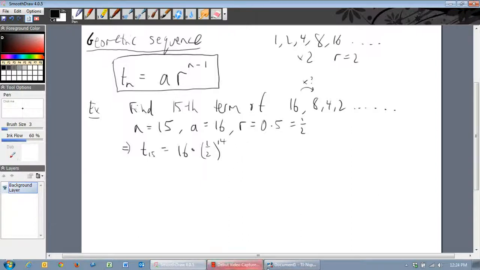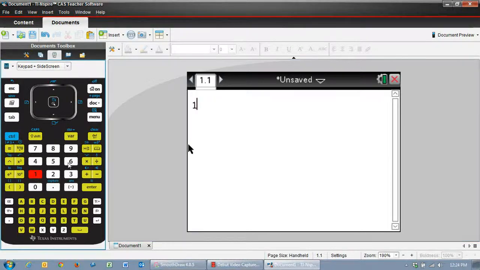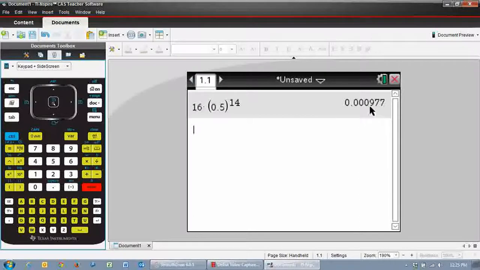Now, I'll just show you something on the calculator. If you type in 16 times, and I'll put in a bracket, let's say we write it in as 0.5 to the power of 14, and enter. Look, it gives us a decimal answer. The reason it gives us a decimal answer is because I put this half as a decimal.